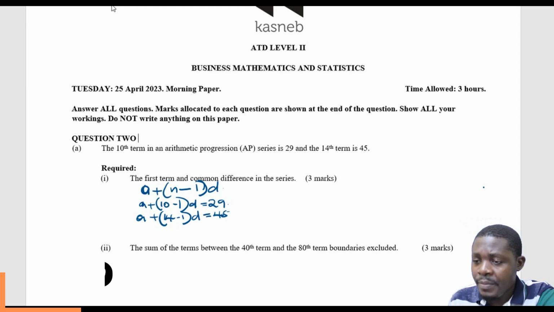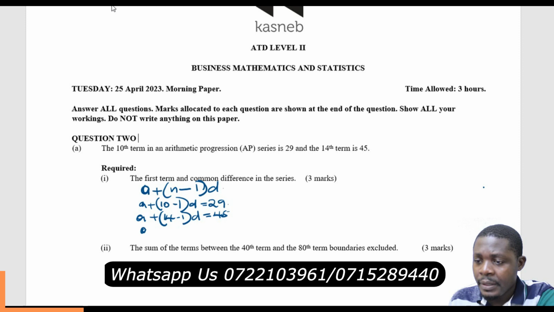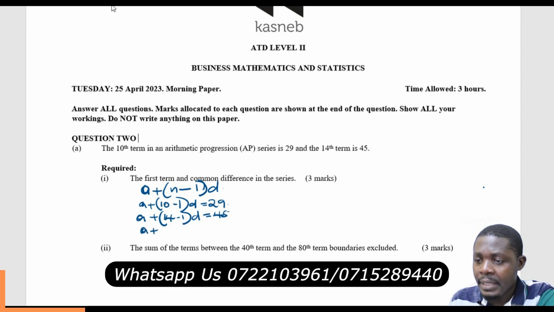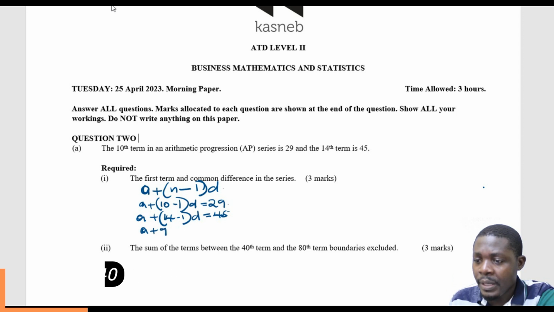This can be evaluated further as a plus 10 minus 1, which is 9, multiplied by d, is 9d, equal to 29. Then a plus 13d should give us 45.